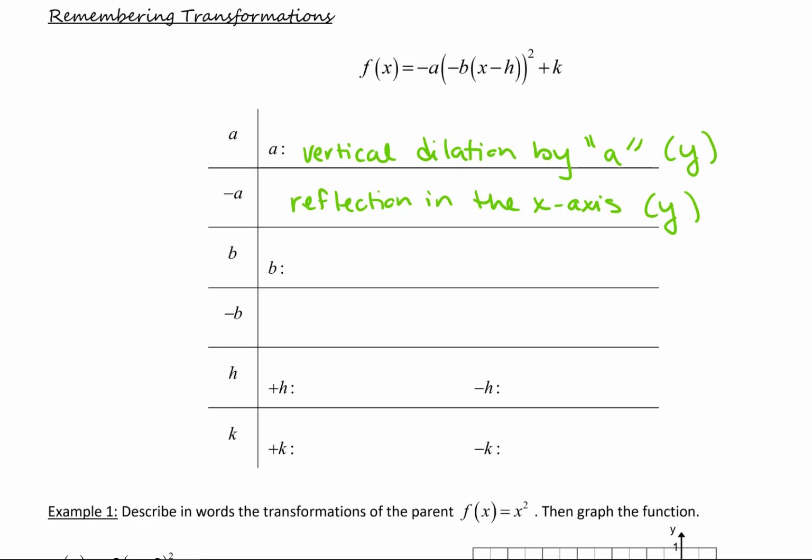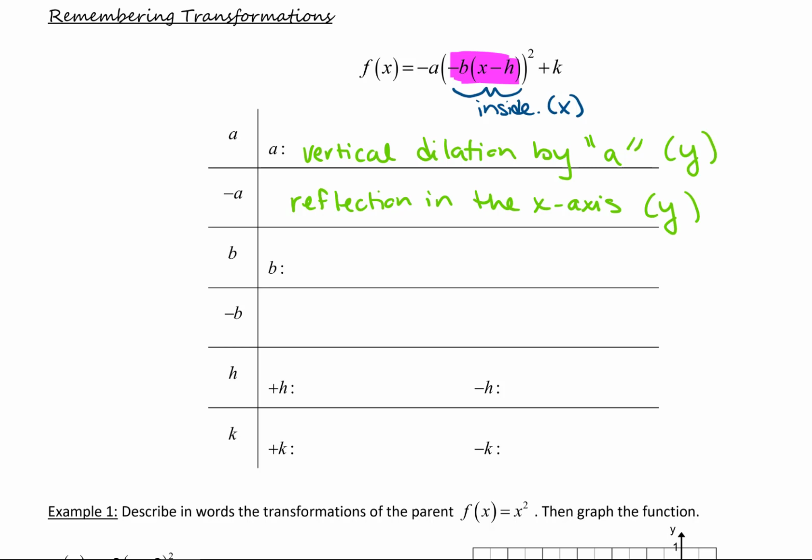The b is located inside of the parent function, and anything that happens on the inside of the parent function impacts our x values.